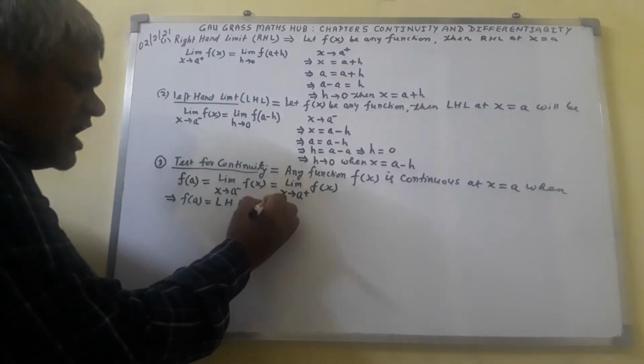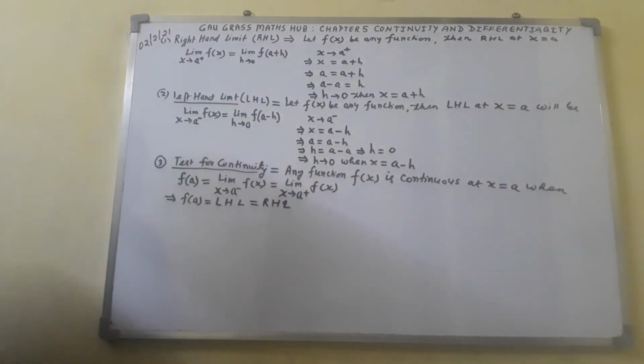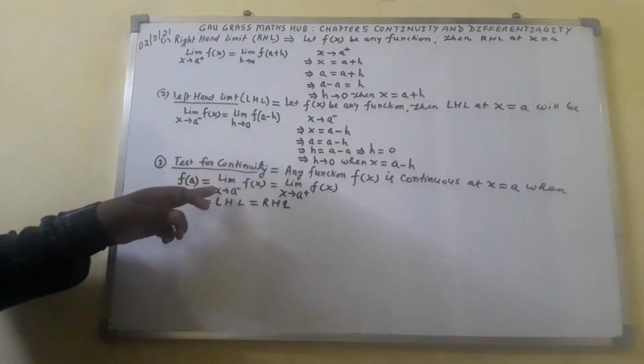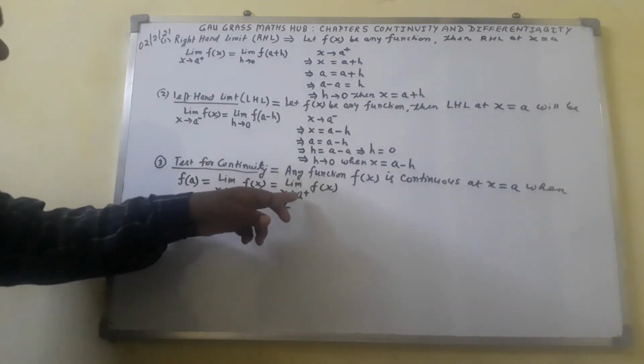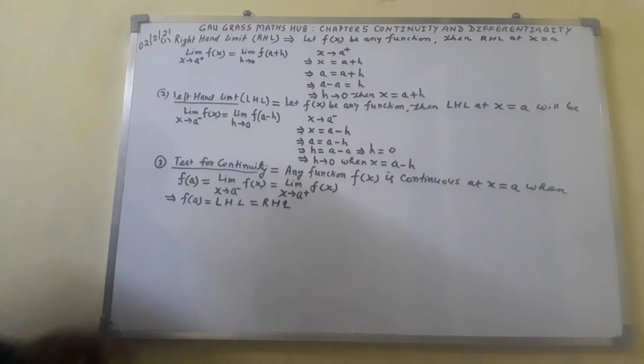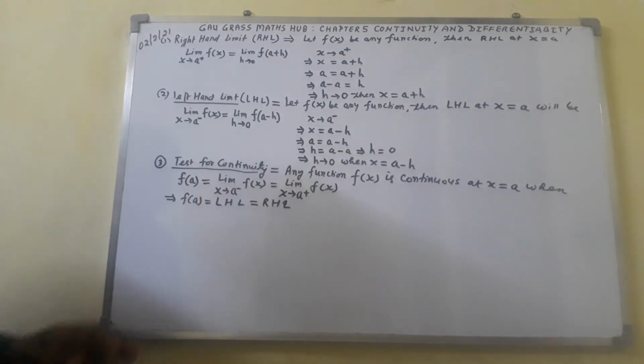So f(a) = lim x→a⁻ f(x) = lim x→a⁺ f(x). This is the left hand limit, this is the right hand limit, this is f(a). So this condition is there.